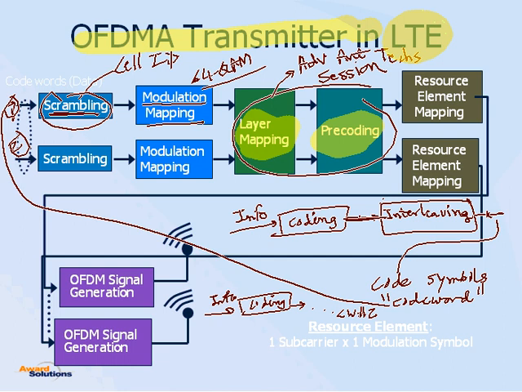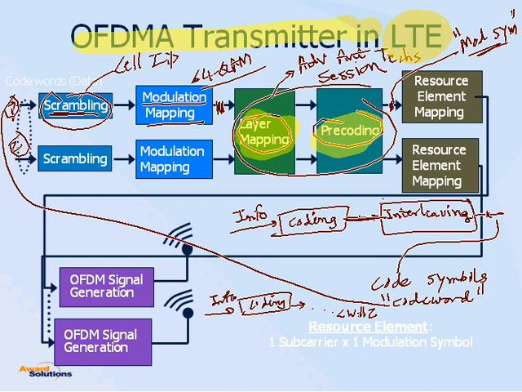Okay, so here we have some sort of modulation symbol, because we did the modulation here. We have some way of modifying the modulation symbols, perhaps, and then those modulation symbols go into so-called resource element mapping. Now, what is this resource element mapping?